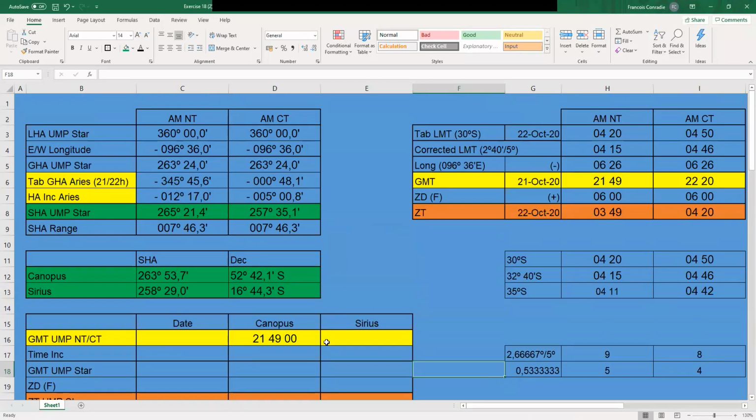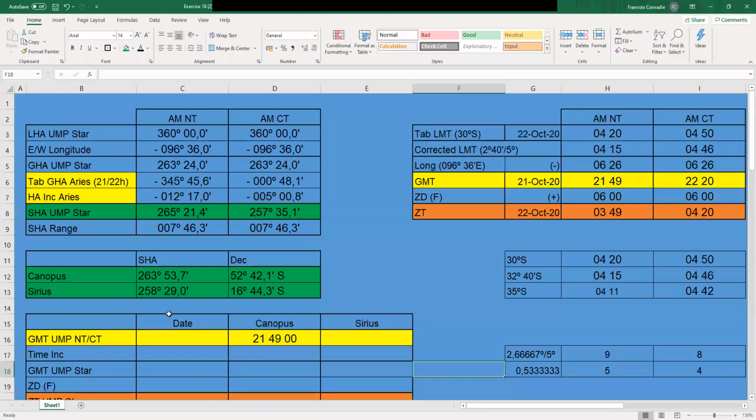Let me go through that again. You'll note here that it says GMT. It's not a tabulated time like we did in the past, which was fixed to 1 hour. In this case, we're saying it's the GMT for Upper Meridian Passage, for nautical and then for civil.